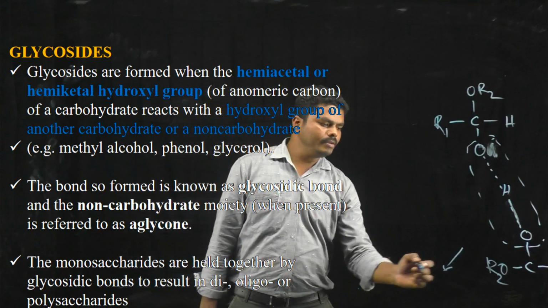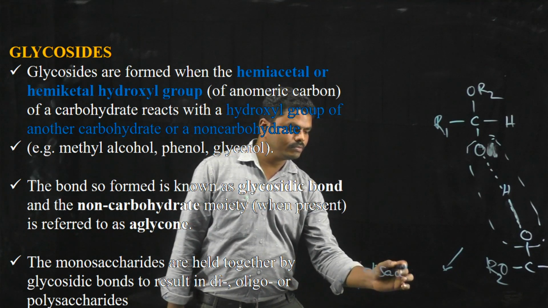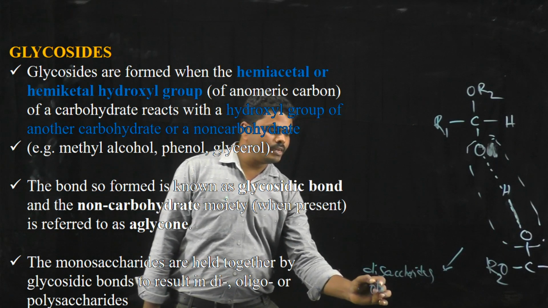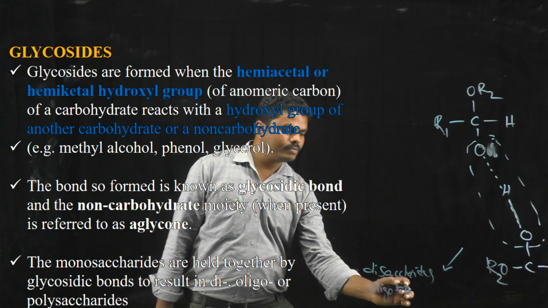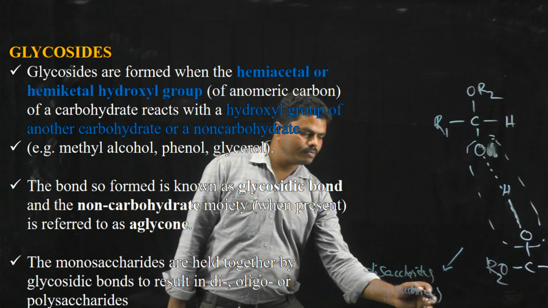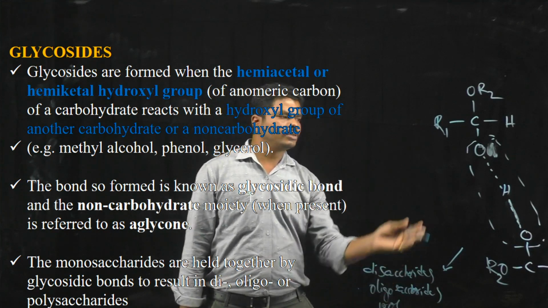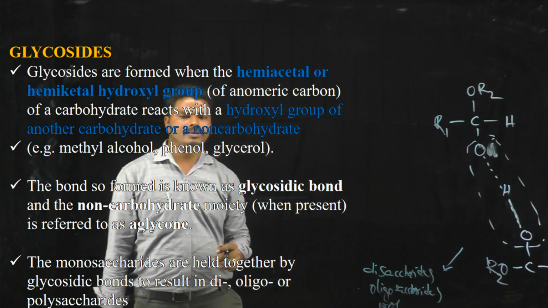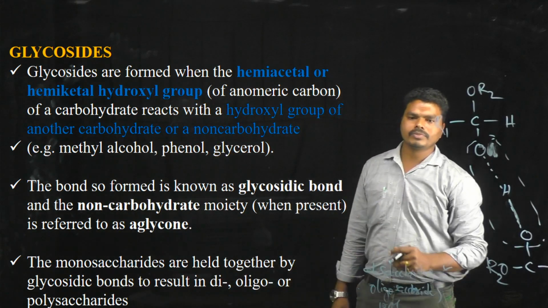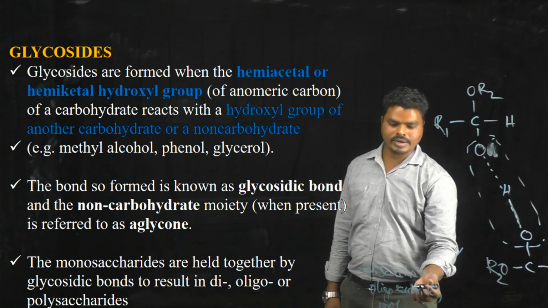And this type of compounds are considered as either disaccharides, oligosaccharides or polysaccharides. That means repeated units of monosaccharides held together by the glycosidic bonds, so they produce disaccharides, oligosaccharides and polysaccharides.